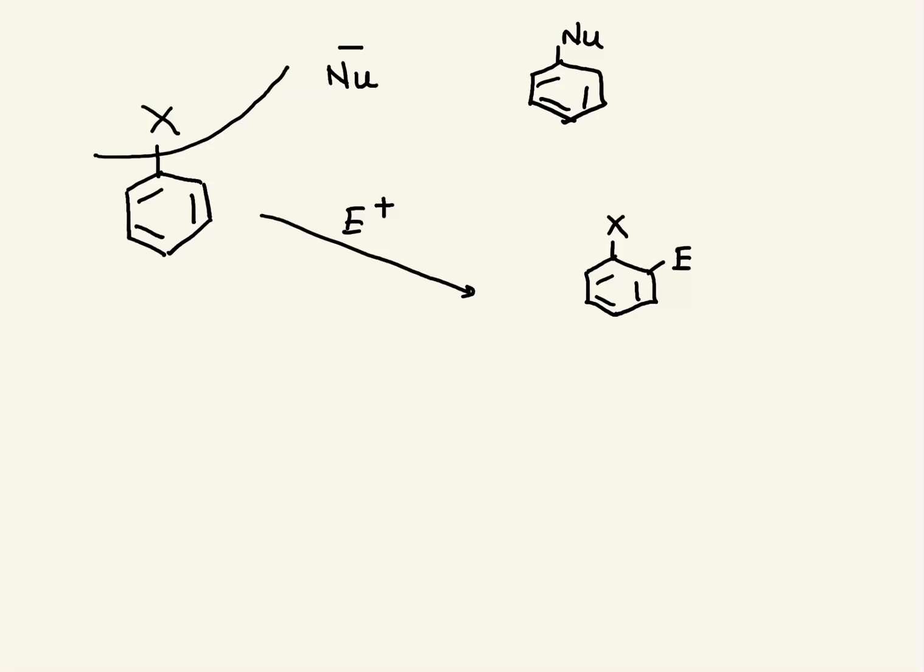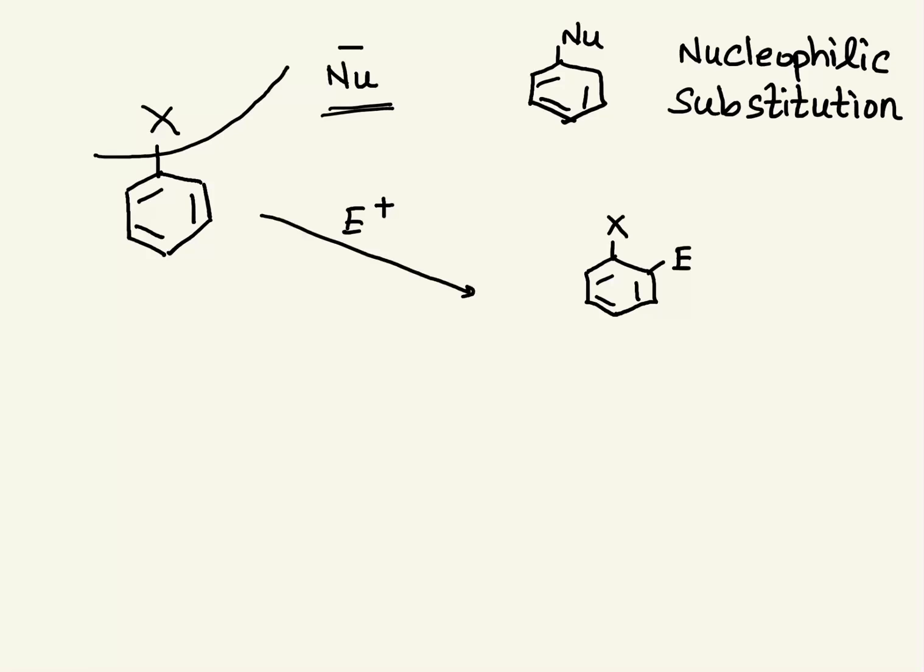When the replacement is happening by a nucleophile, it would be called a nucleophilic substitution reaction, a substitution reaction taking place through a nucleophile. On the other hand, an electrophile replacing the hydrogen would be classified as an electrophilic substitution reaction.